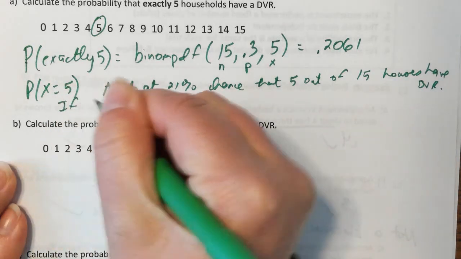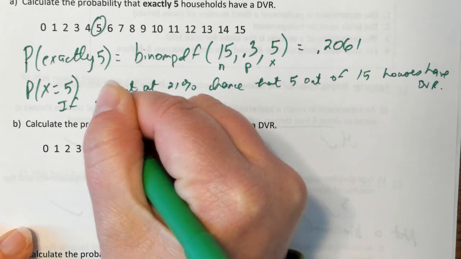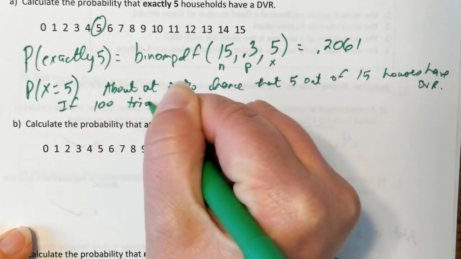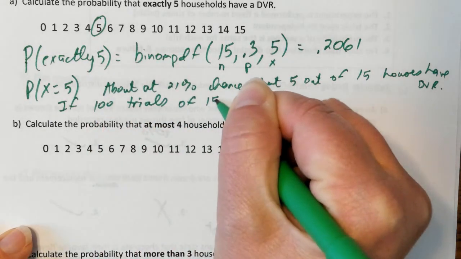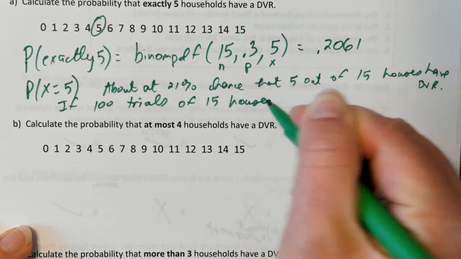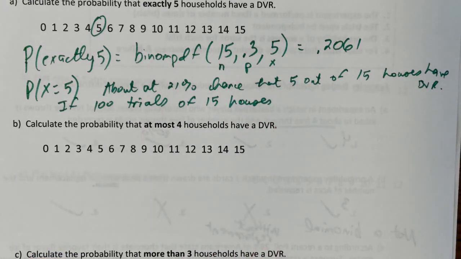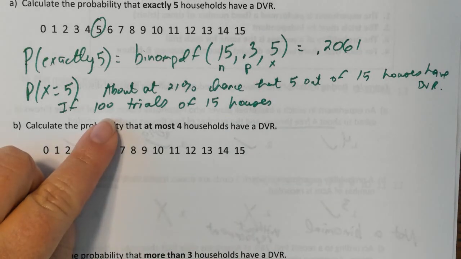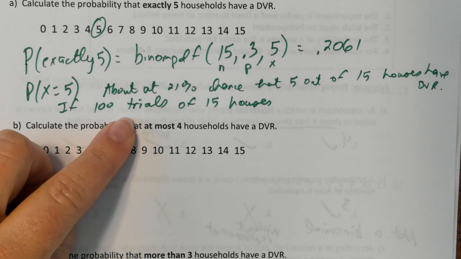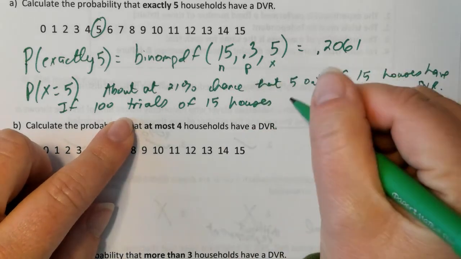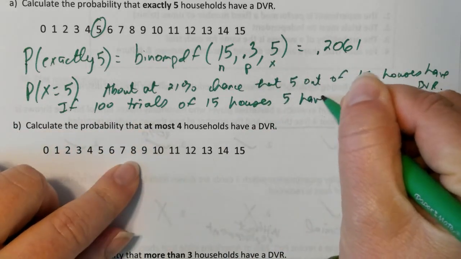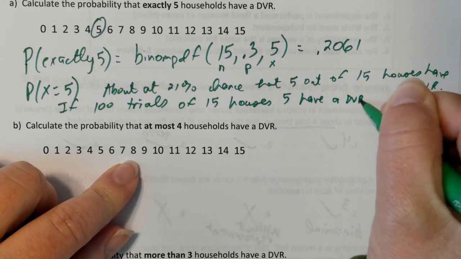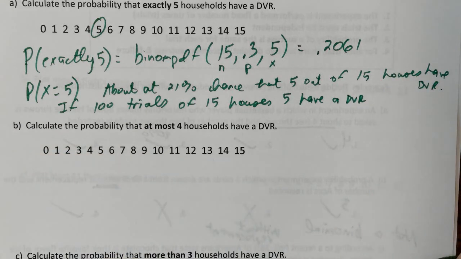So in 100 trials of 15 houses, until I'd done 100 different trials, in how many of those 100 trials would 5 homes have a DVR?